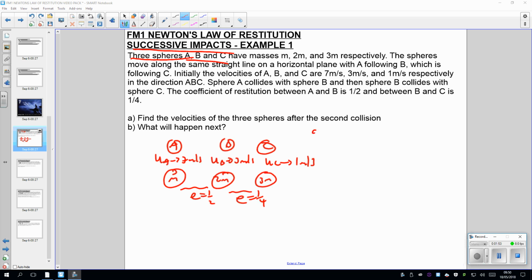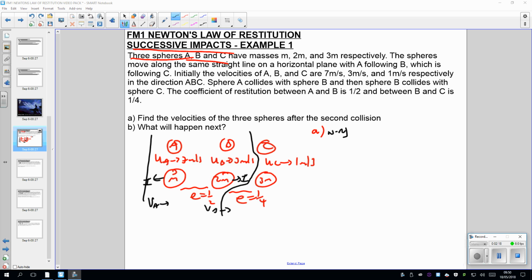So, how to begin? It says that A hits B first, so we're going to isolate this section here. Like I say, it's important to keep track of what's going on. There's an impulse here, and it doesn't tell us the final velocity. As we know from the last video, I'm just going to assume they're all going to the right.